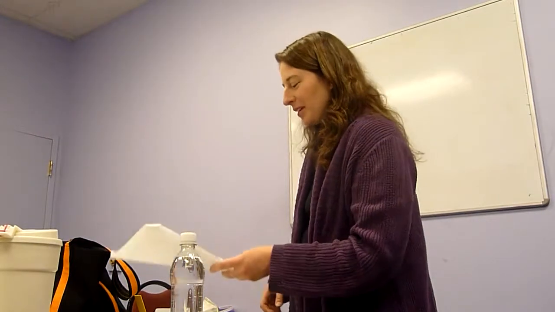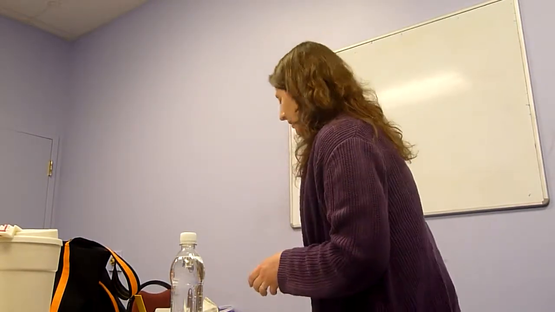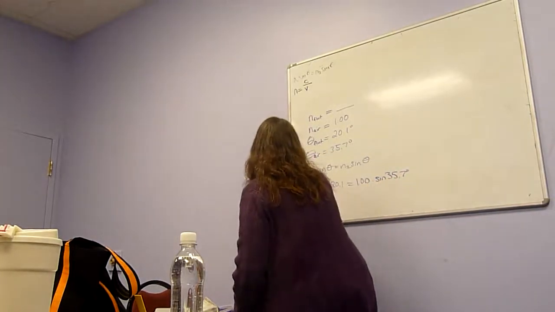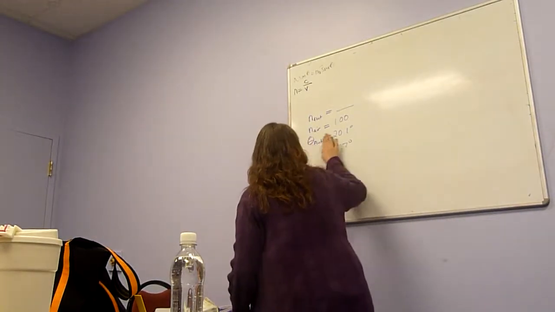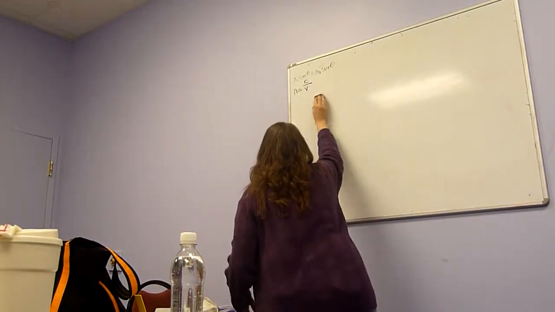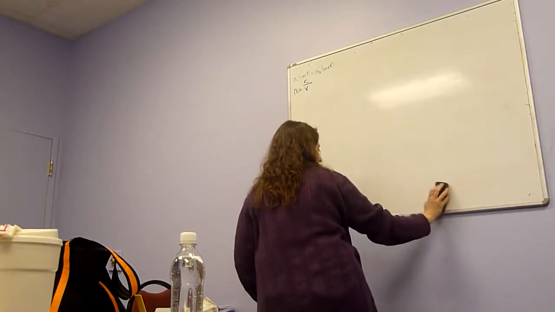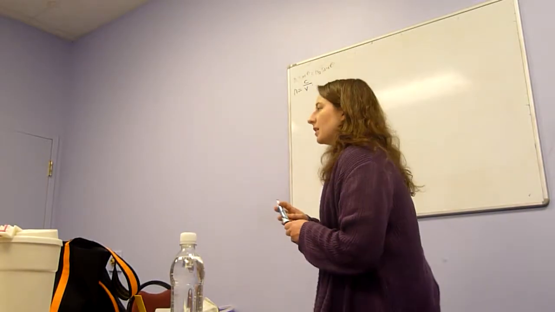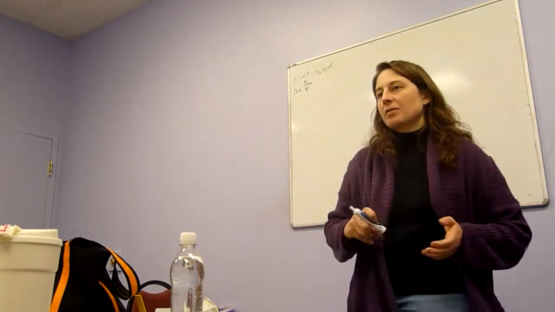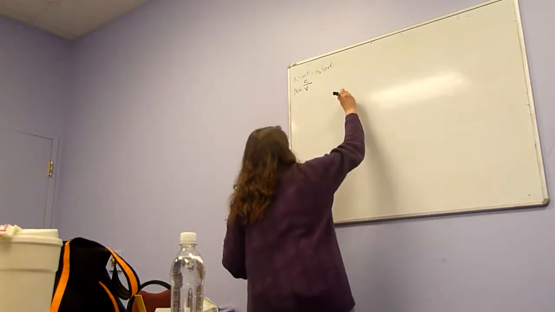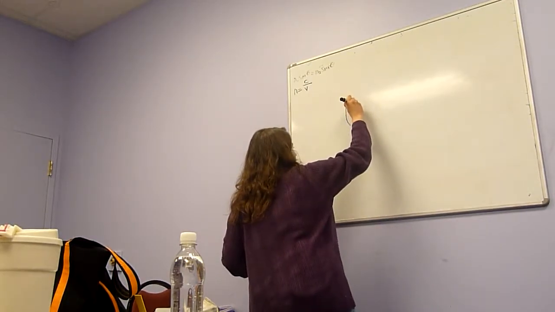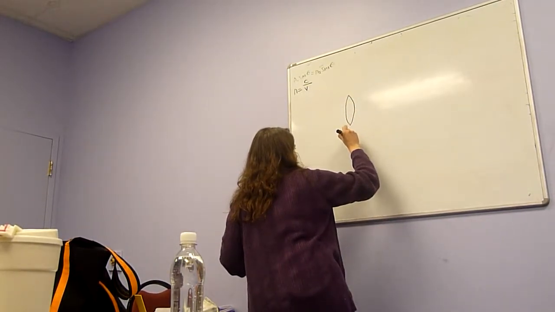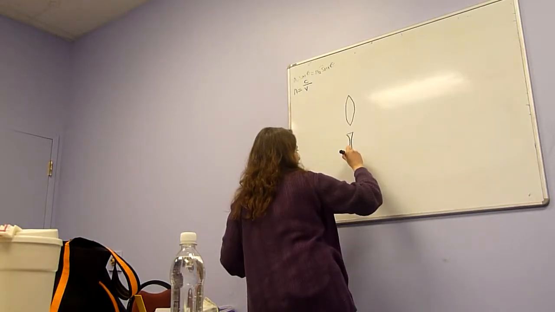Okay, so now we have to deal with lenses. The light ray tracing drawings for lenses is pretty similar to mirrors. You have 2 types of lenses: converging and diverging lenses. A converging lens would be like a convex lens, and a diverging lens would be like a concave lens.